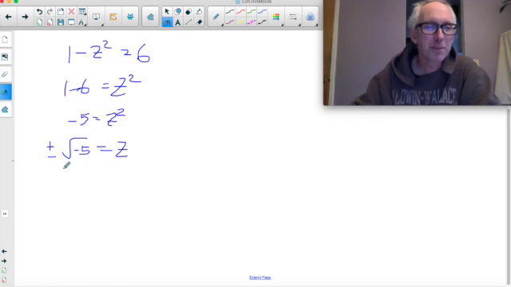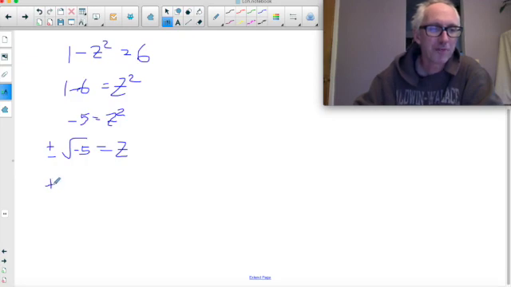So z is going to be plus or minus square root of negative 5, which, if we factor out the square root of negative 1, is i, we're going to write that as i times square root of 5. Equals z.